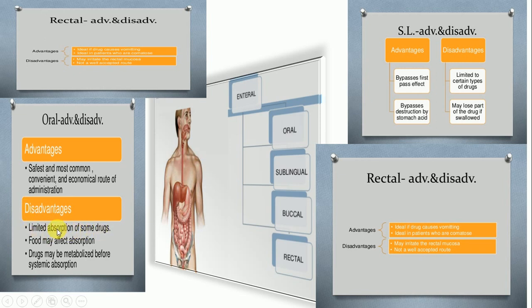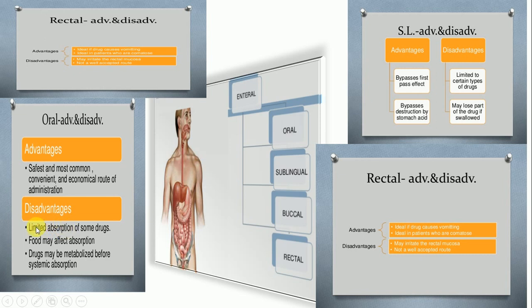You know, for the drugs to reach the systemic circulation after administration, they should be absorbed. So you will see there are some factors that hinder absorption of drugs that are taken through the oral route. If the drug is taken orally, it will reach the stomach and then go to the other parts of the GIT.